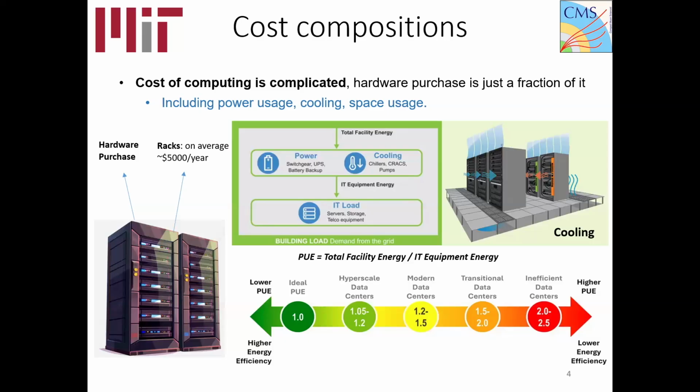This is defined as the total power used by the site divided by the power actually used by the IT equipment. So nowadays, a computing center usually has a PUE value around 1.5. And there could be some really advanced computing sites that have a PUE as low as 1.1.